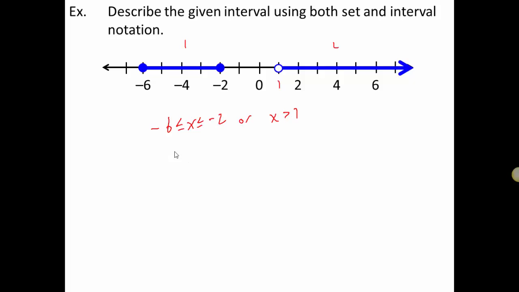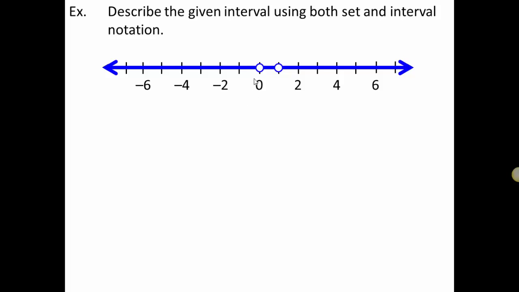Turn those into intervals. We'll just drop the piece in the middle, -6 to -2, closed interval, so brackets. And on the other one, we're going from 1 to infinity. So 1 comma infinity, open on both sides. Don't forget, union in the middle.